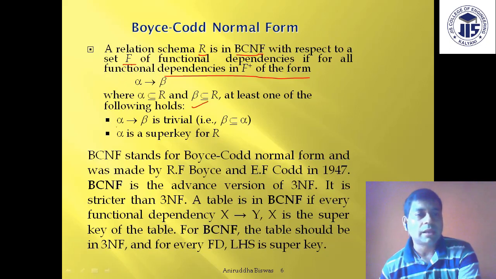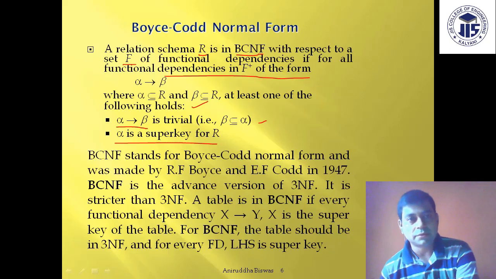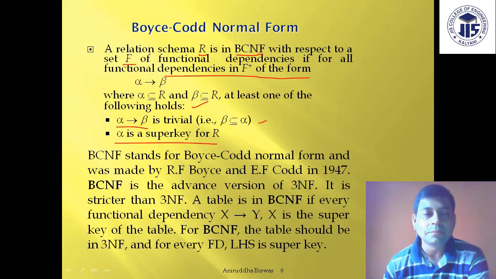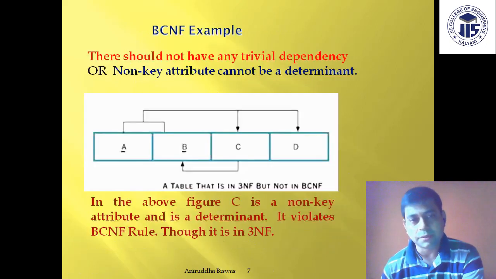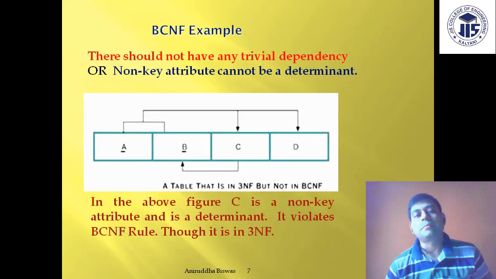What is that? Alpha determines beta is trivial, that means beta is a subset of alpha, or alpha is a super key for R. Okay, so this is the Boyce-Codd normal form. When we give an example, then we should be more clear about it. Okay, so let's take an example from here.